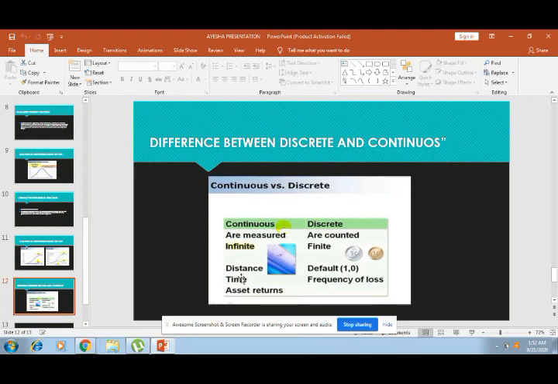Here are three examples of continuous: distance, time, asset return. In discrete, here is default. Default can be 1 or 0, default or not default, and the second is frequency of loss. So this is an example of continuous versus discrete.